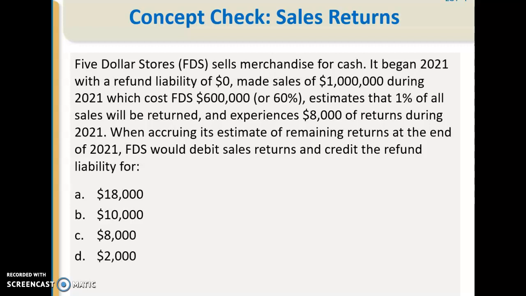When accruing its estimate for the remaining returns at the end of 2021, FDS would debit sales returns and credit the refund liability for how much? Please pause your video, do some calculations, choose your answer, and when you have your answer selected, come back, start the video again, and check your answer.